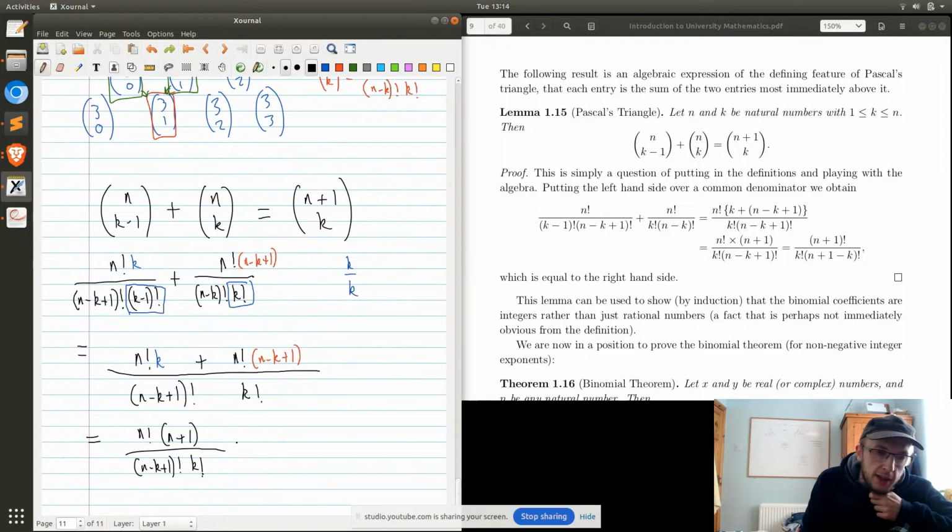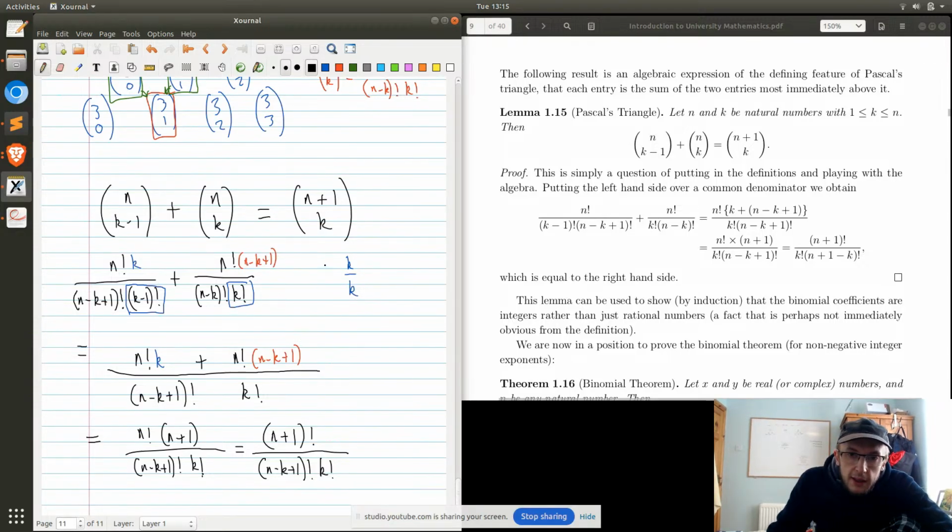But now I have to think, what is n factorial times n plus 1? Well, by definition, that's just exactly the same as n plus 1 factorial, isn't it? And so now we have exactly what we want. Okay, so perfect. All right.